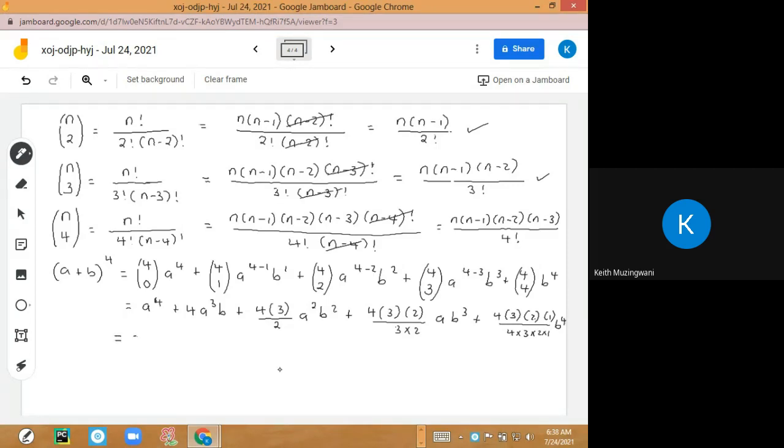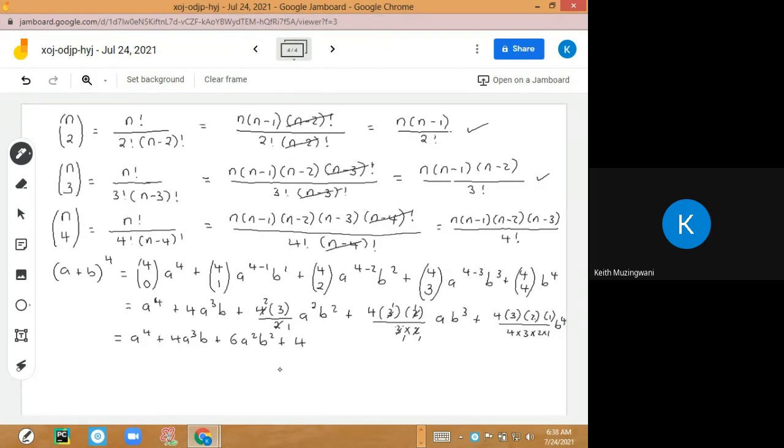So we're noticing that this is a to the power 4 plus 4a^3b, plus 2 here, 1, 2 there, 2. So 2 by 3, we get 6 a squared b squared, plus 3 here, 1, 2 there, 1, 3 there, 1.